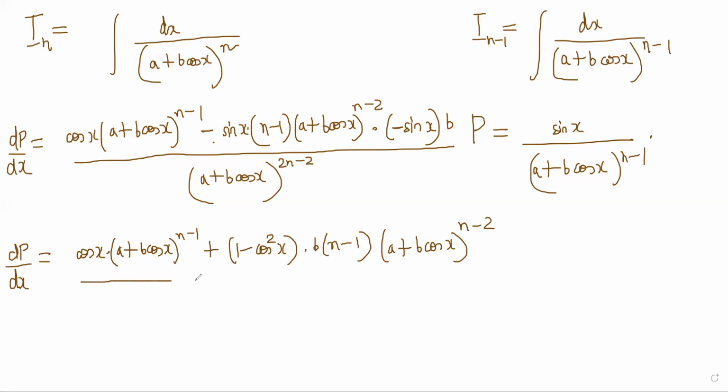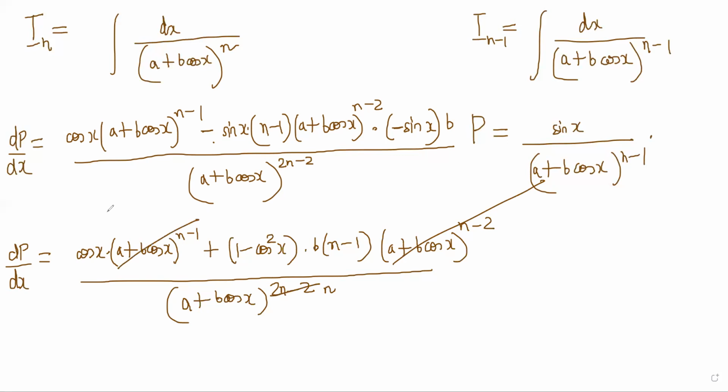Now this is coming, I have not missed anything here, yeah, and (a plus b cos x) power 2n minus 2 here. So I can cancel the n minus 2 factor here, n plus n minus 2, so this will become n, and this will become just one, a plus b cos x, right? So what I will get, basically I'm dividing by (a plus b cos x) power n minus 2 up and down, right?